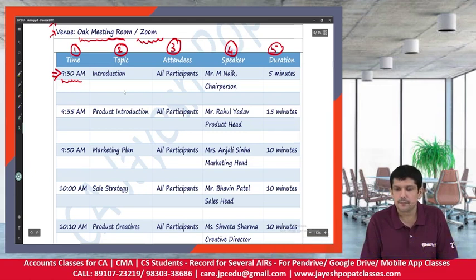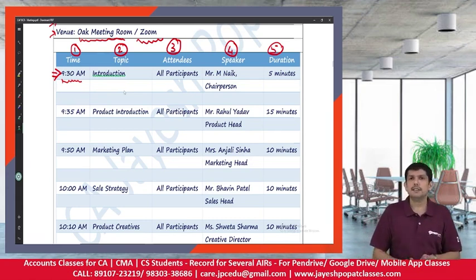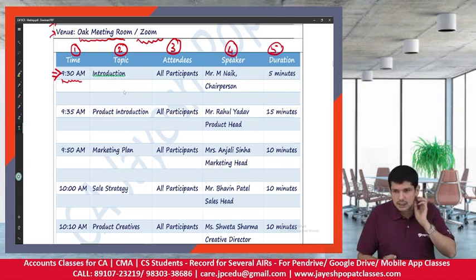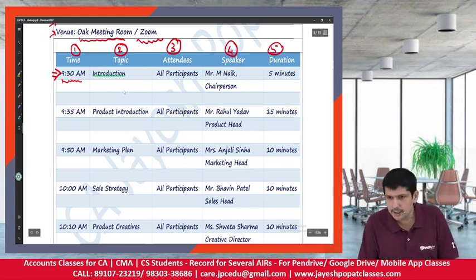Please remember, whenever you are starting off a meeting, you will do a small introduction to the participants. The chairperson will be responsible to do it. So who will attend this? All the participants will be addressed. Who will address it? Chairperson. You can use any name of your choice.